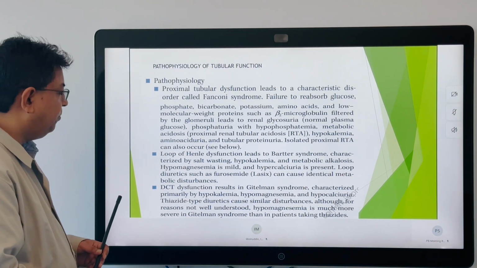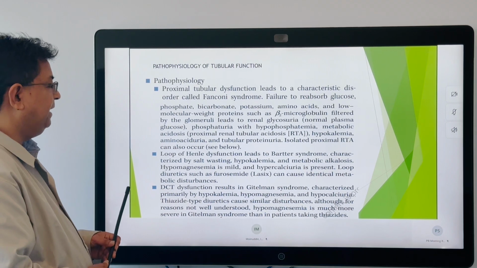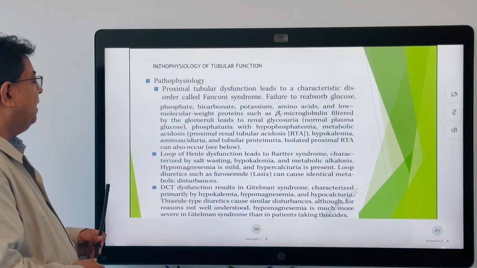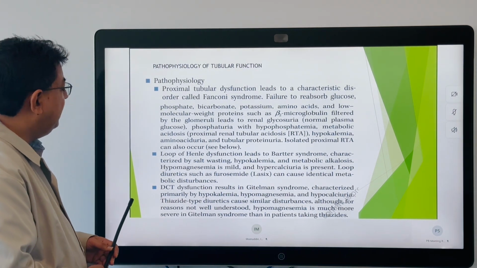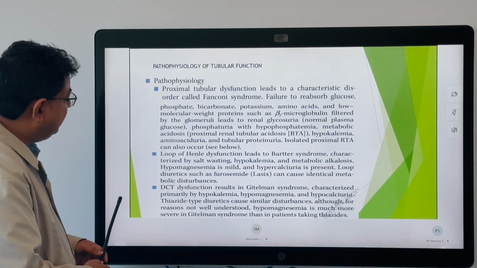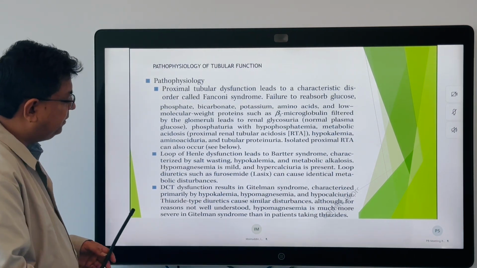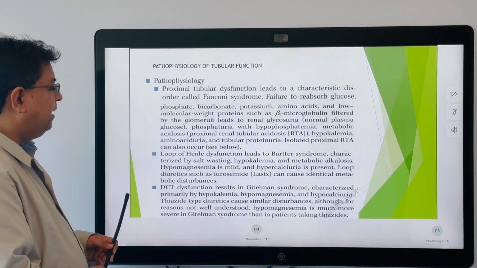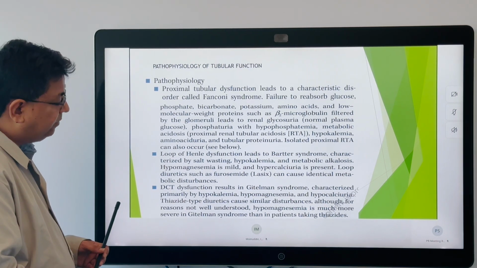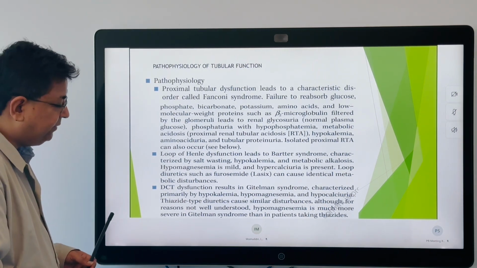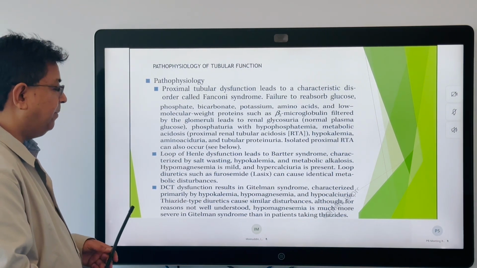So Bartter's syndrome is an abnormality of the NKCC2 at the level of the ascending limb of the loop of Henle. In distal convoluted tubular dysfunction, you have Gitelman syndrome, which is basically an abnormality of the sodium chloride co-transporter, which, as we know, is acted upon by the thiazides.